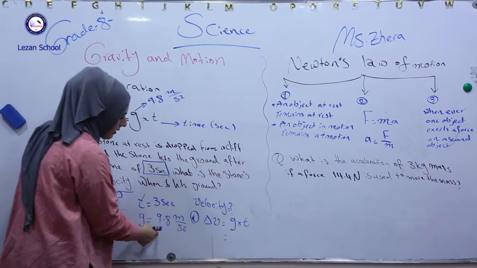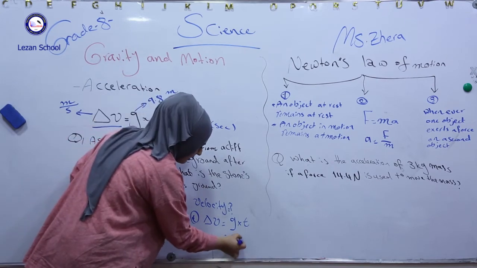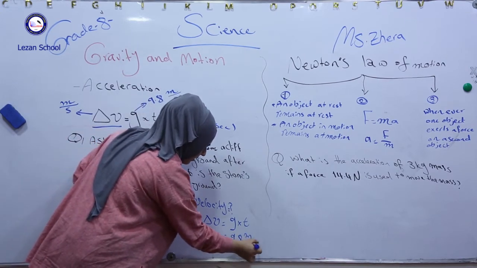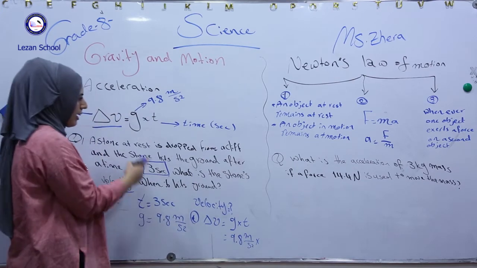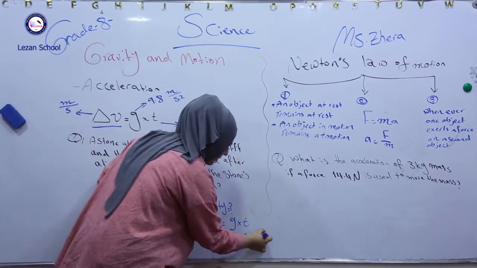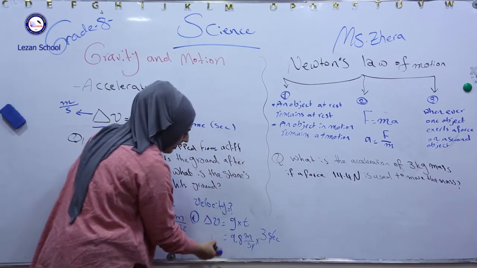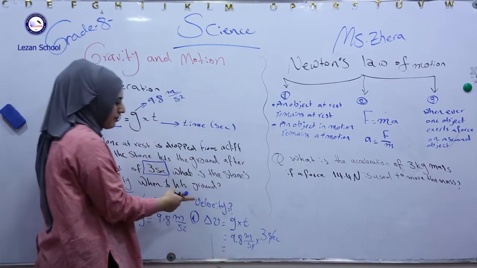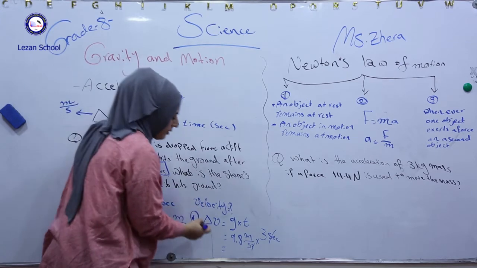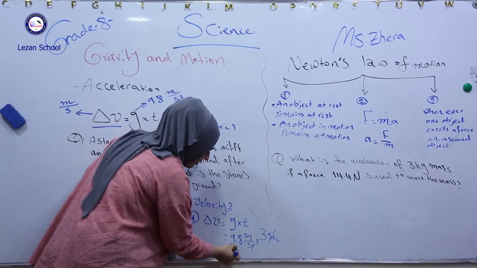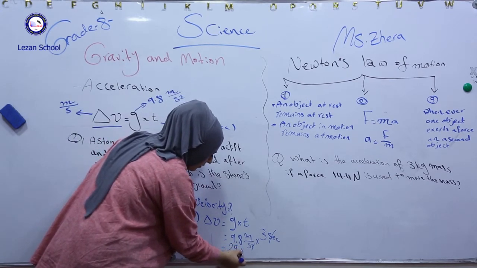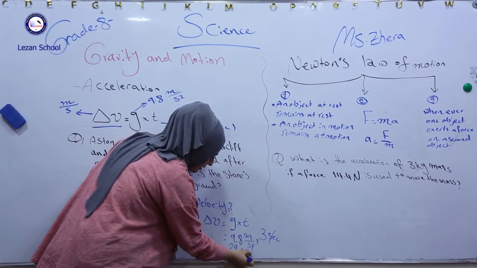How much is g? 9.8 meters per second squared, times how much time? 3 seconds. Seconds cancels with seconds squared. Finally, 9.8 times 3 equals 29.4, and the unit is meters per second.